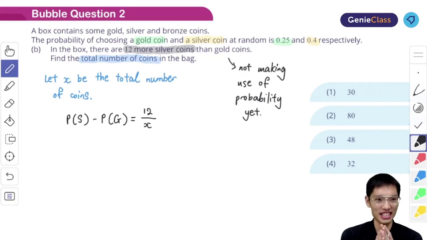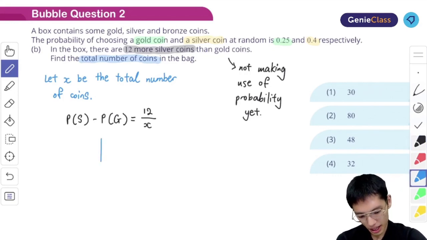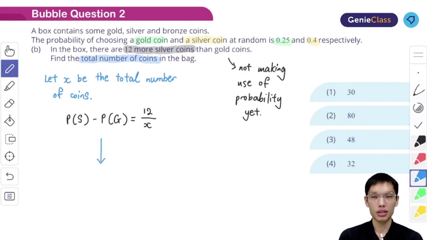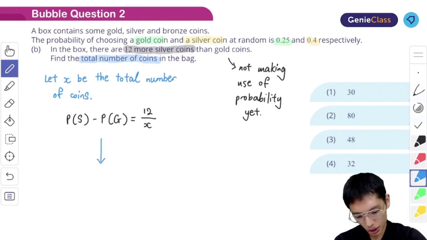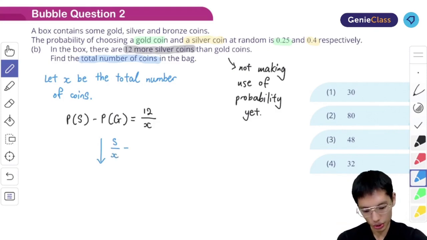Very good, Chen Chen. That is essentially the sentence over here. Because to get from this step, suppose the probability of getting silver coins, we don't know the number of silver coins, that is not known. But suppose we know it is S over X. And the probability of getting gold coins, we don't know the number, so it's going to be G over X.